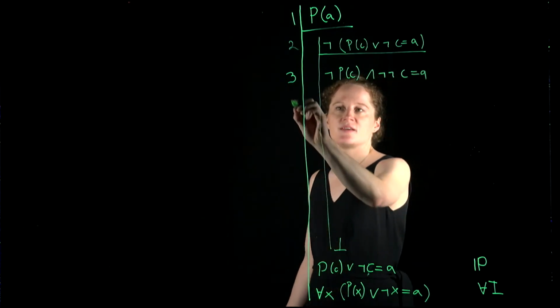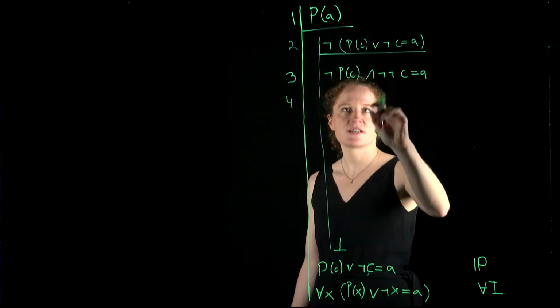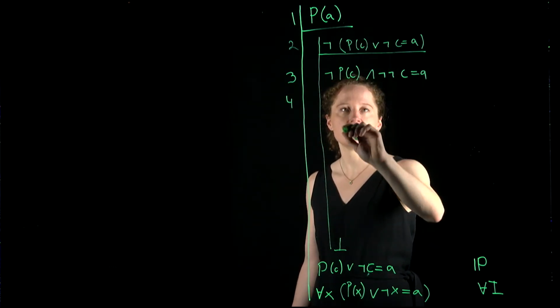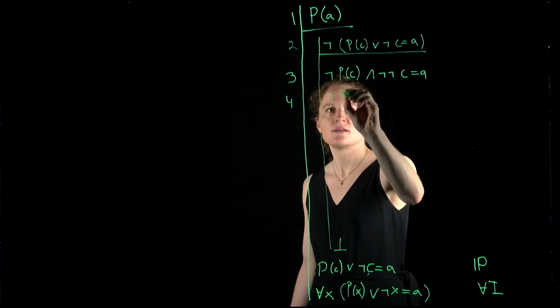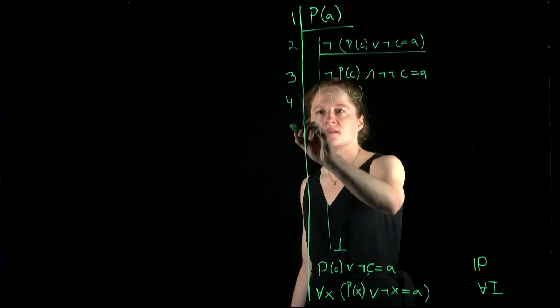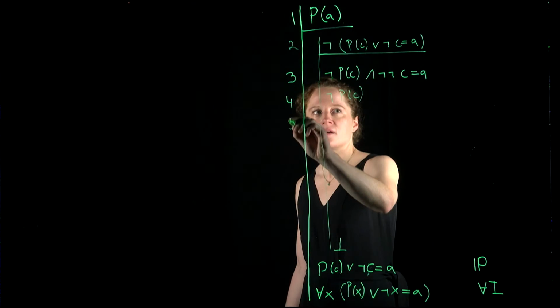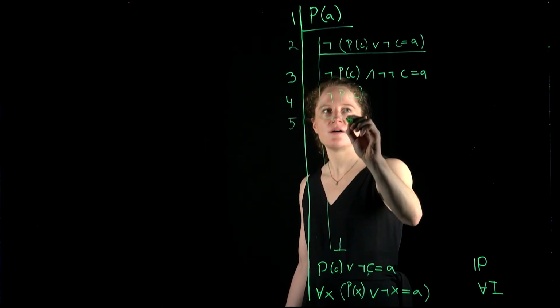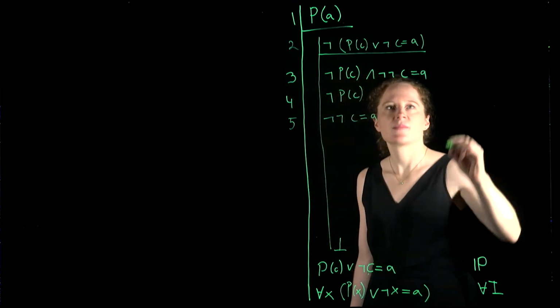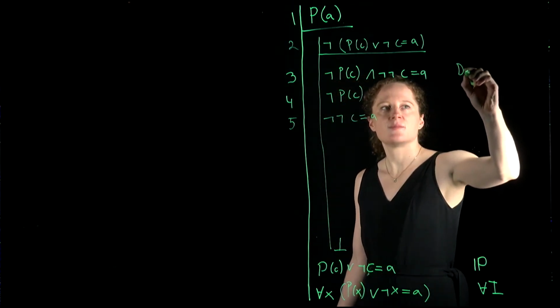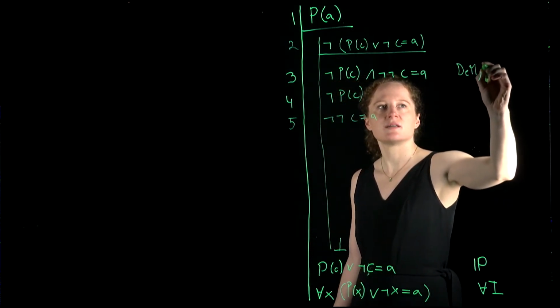I make my life easier and apply conjunction elimination to this conjunction here. So that gives me not PC in line 4, and it gives me not C equals A in line 5. So line 3 is justified by De Morgan's law applied to line 2.